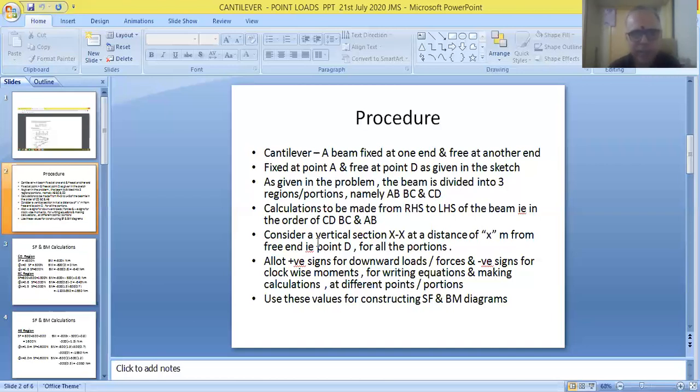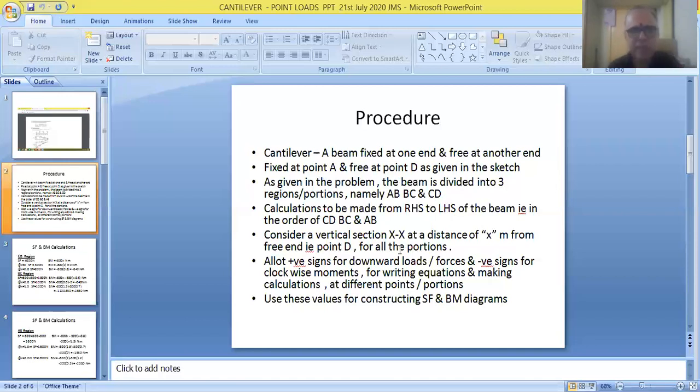You select the CD region, then consider a vertical section XX at a distance of X meter from point D of the beam. And secondly, you go to the BC region. Again, you consider vertical section XX at a distance of X meter from point D. Finally, you go to the AB region.